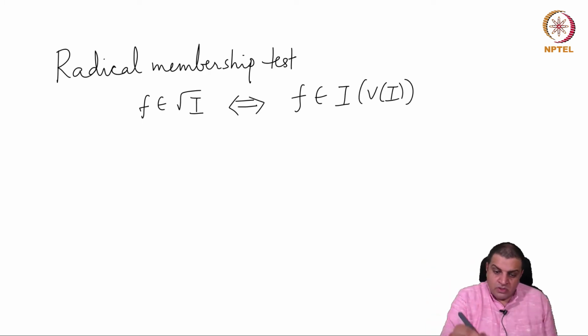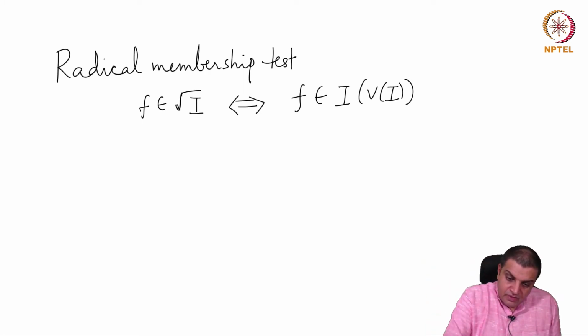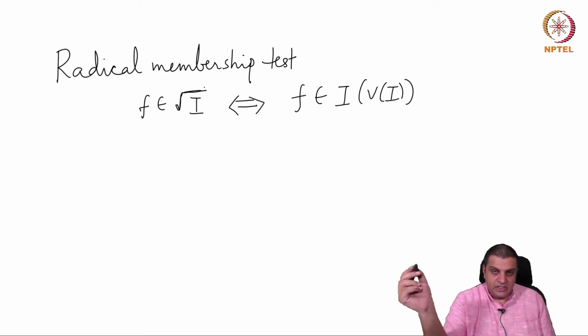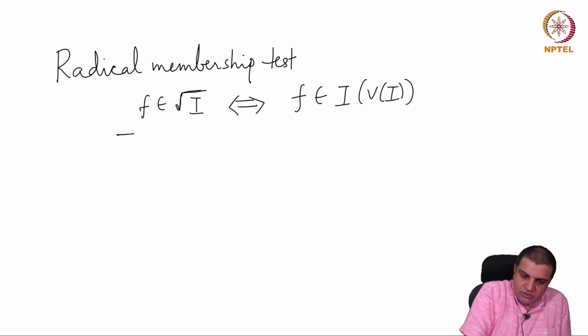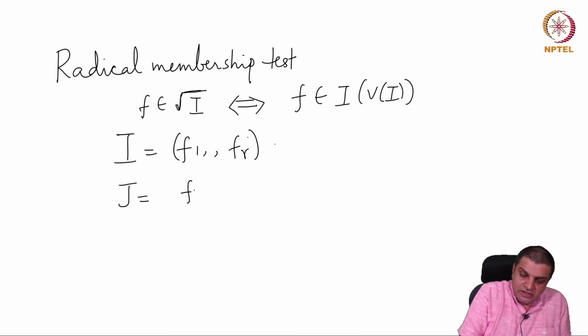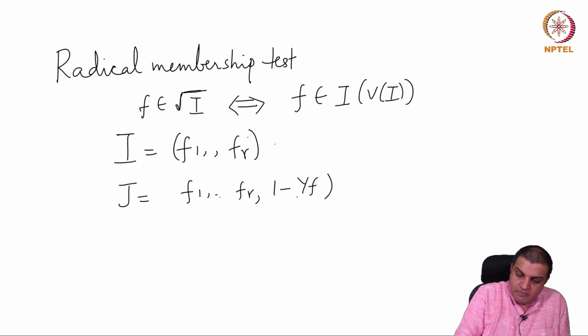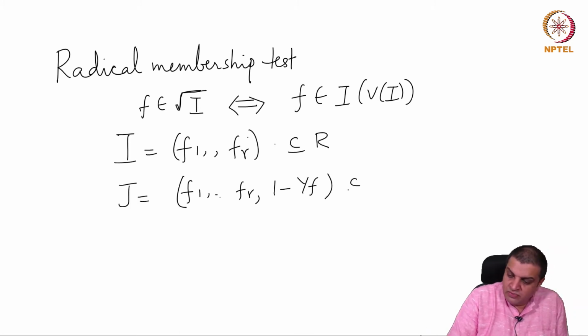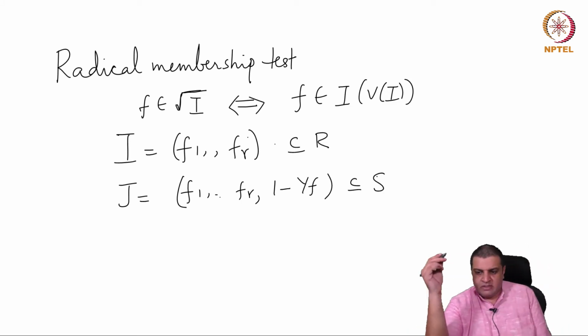So now let's consider I to be the ideal generated by f1 through fr, and J the ideal generated by f1 through fr and 1 minus yf. This is an ideal of S, the same notation as in the theorem.